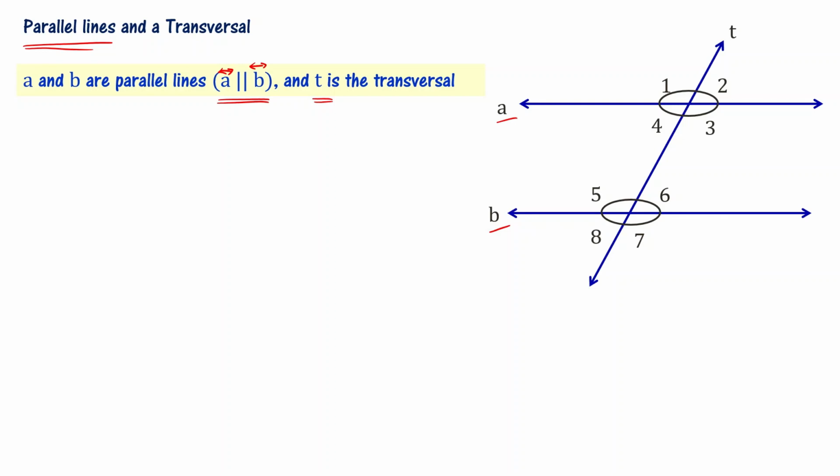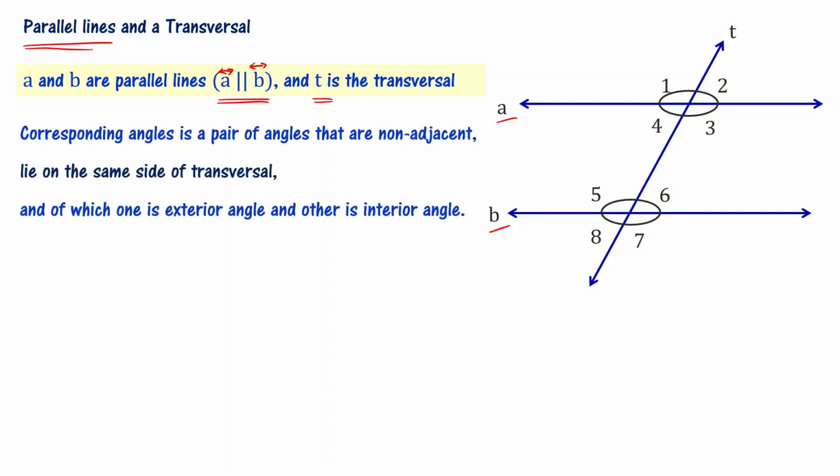Now we want to understand little more about corresponding angles. Corresponding angles ante enti? Those angles are going to lie on same side of the transversal and they are non-adjacent, and among the pair one has to be exterior and other is interior. For example, angle 2 and angle 6 is one pair of corresponding angles, right?